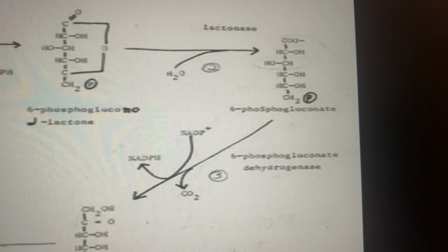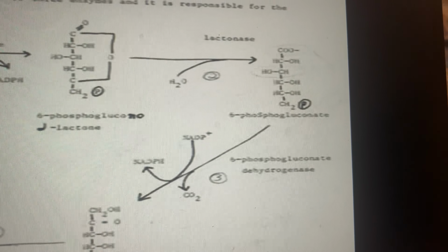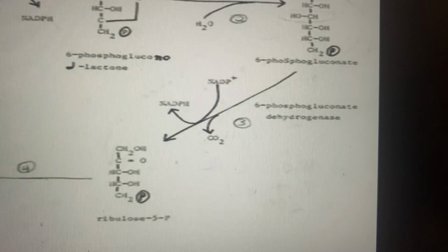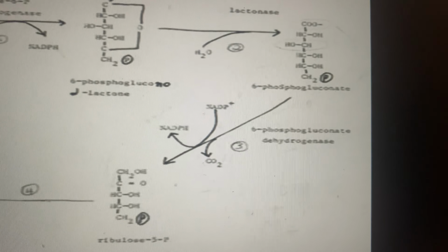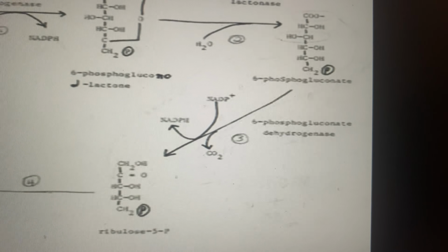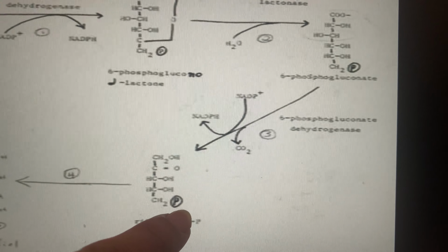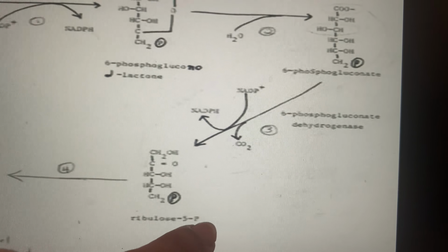And 6-phosphogluconate, in the presence of 6-phosphogluconate dehydrogenase, is converted into ribulose 5-phosphate, where carbon dioxide is released, and you see this 6-carbon compound is converted into a 5-carbon compound. This is 1, 2, 3, 4, 5, and the phosphate is at the end with carbon number 5, and this is now the ketone ribulose 5-phosphate.